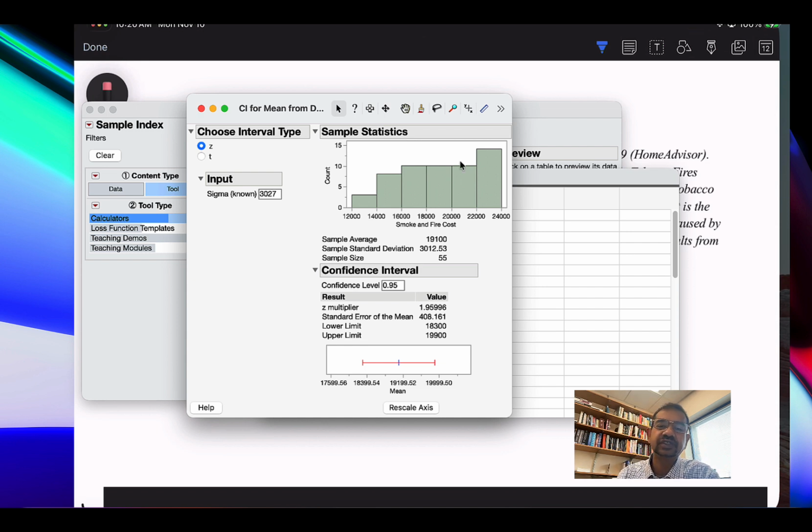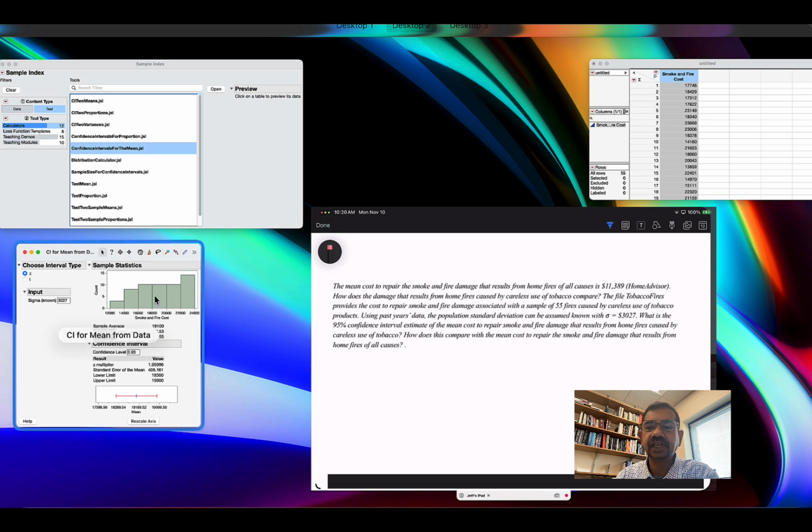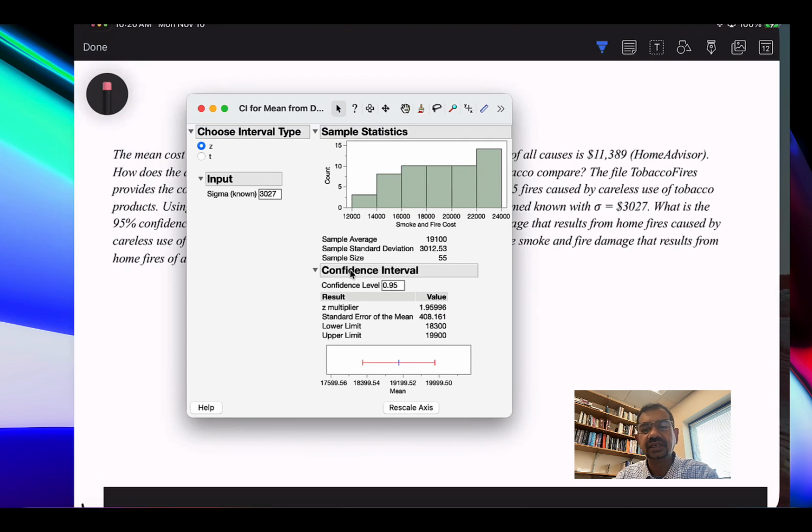So now the next question is, how does this compare to our fires from all causes? And if you recall, for fire damages from all causes, the population average was 11,389. And if we look at our data here, for damages caused by fires resulting from careless use of tobacco, our lower limit is 18,300, our upper limit is 19,900, which is way more than what it is for fires caused by all causes.